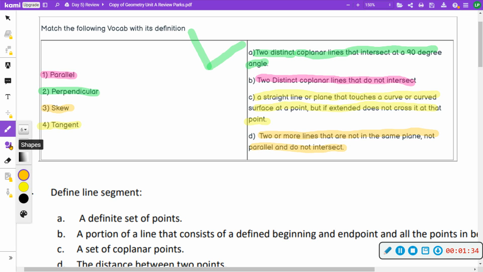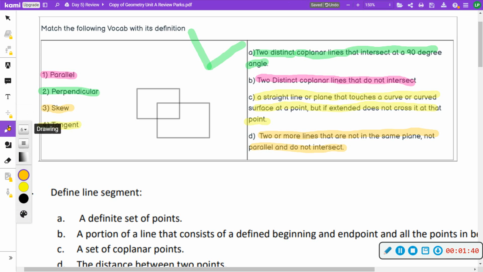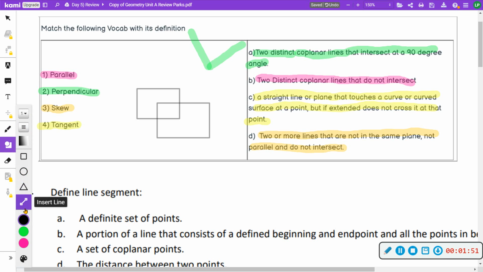So an example of that, let me see if I can draw a picture real quick. Let's say you had a cube. I guess I shouldn't call it a cube. Let's say you have a rectangular prism.